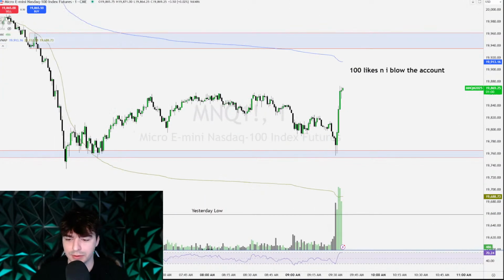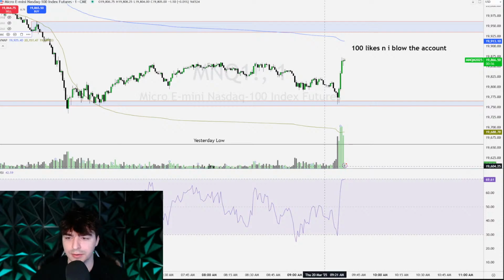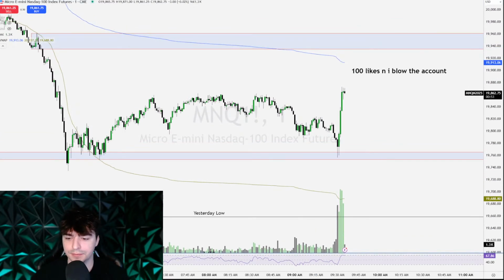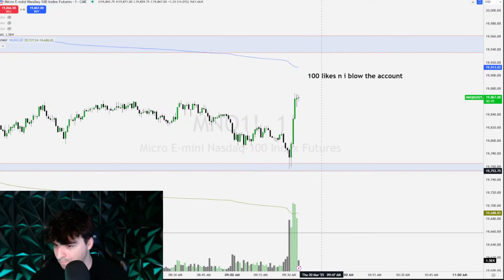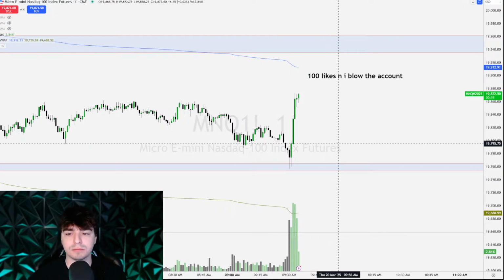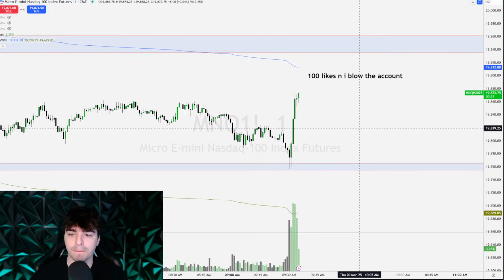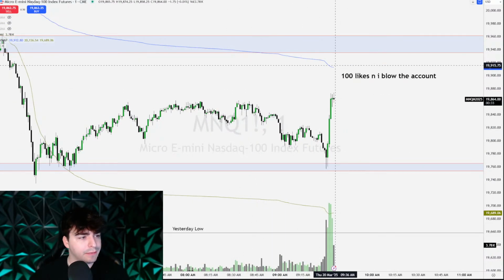Maybe if we get some RSI going overbought as well, which it almost is already. So let's see if we can get up there.